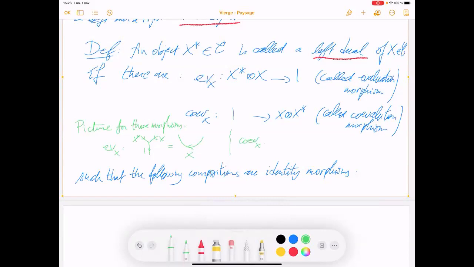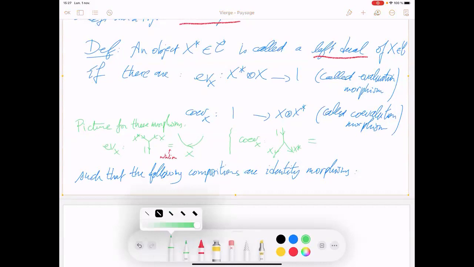So it's from 1 to X tensor X star, and this is just a notation, a notation for the evaluation and the co-evaluation morphism.